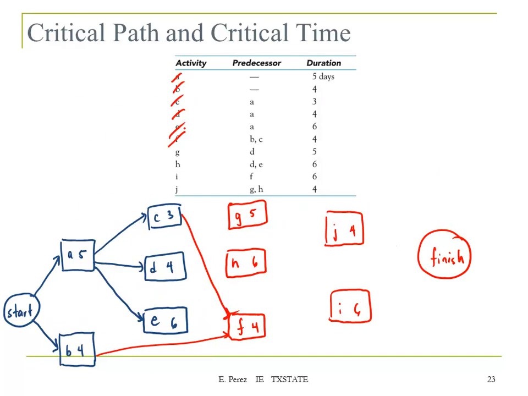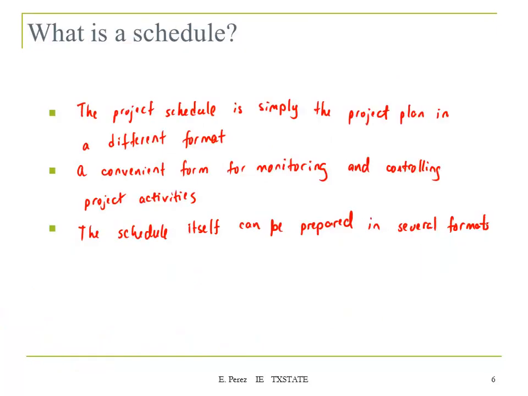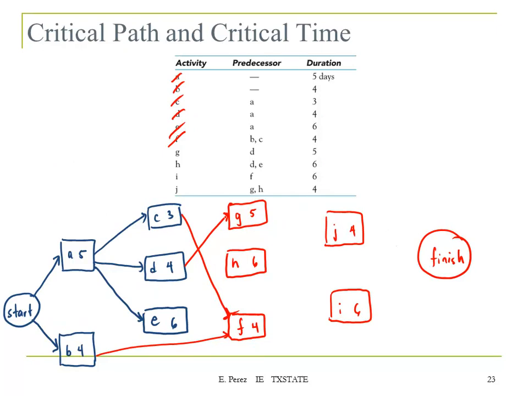So we have G with predecessor D. Then we have H with predecessor D and E. Then we have I coming from F. And we have J coming from these two guys. And then finish.